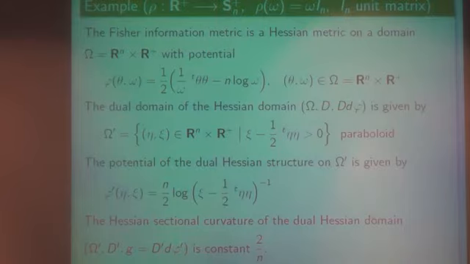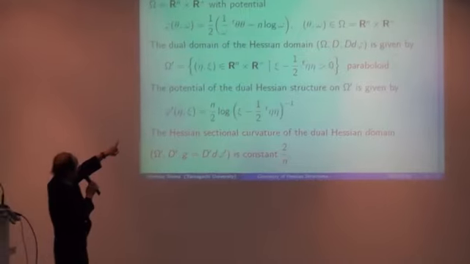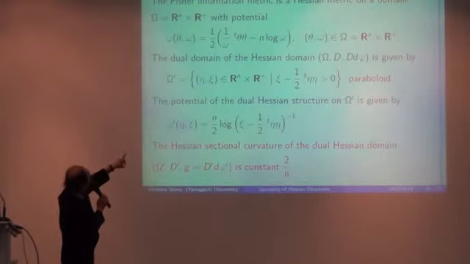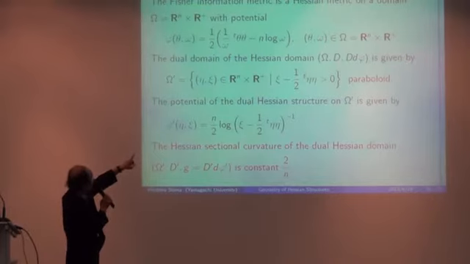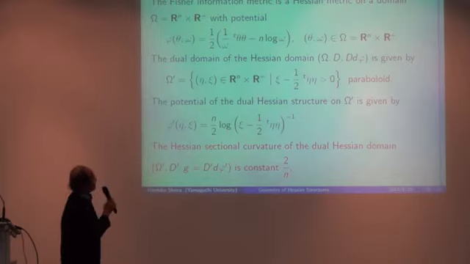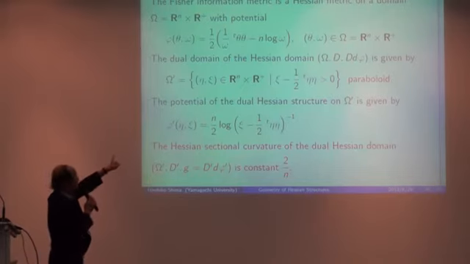The dual domain Ω' of Ω is obtained by (η, C), where η is in R^n and C is a positive real number such that the inequality with C − 1 is a quadratic form.